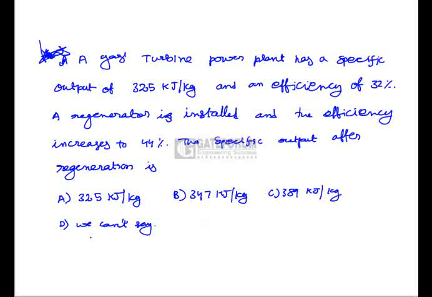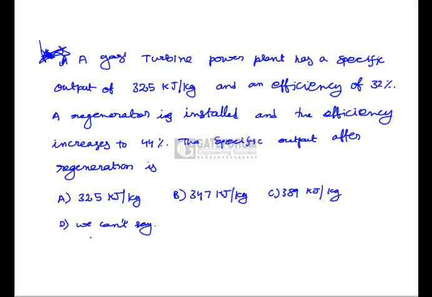Before installation of regenerator, the efficiency of the power plant is 32%. After installation of regenerator, the power plant efficiency increases to 44%. But the purpose of regenerator is to reduce the heat input, but not to increase the specific output of the turbine.